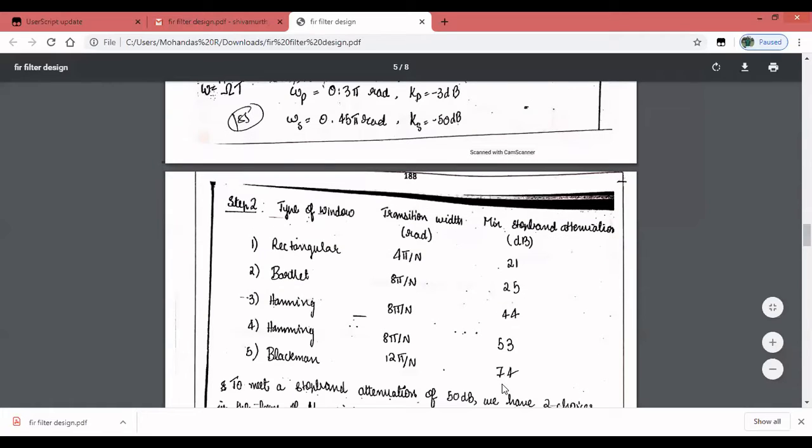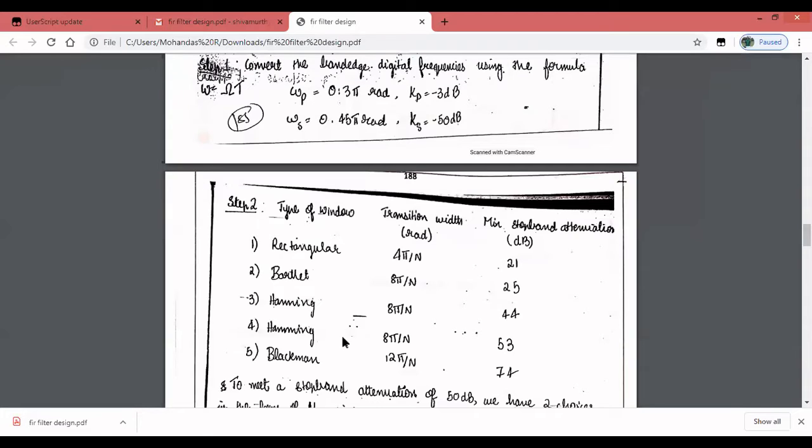I'll look once again at the transition width also. What is the transition width here? For a Hamming window it is 8 pi by n, and for the Blackman window it is 12 pi by n. So I'll be selecting the proper window here, that is the Hamming window.